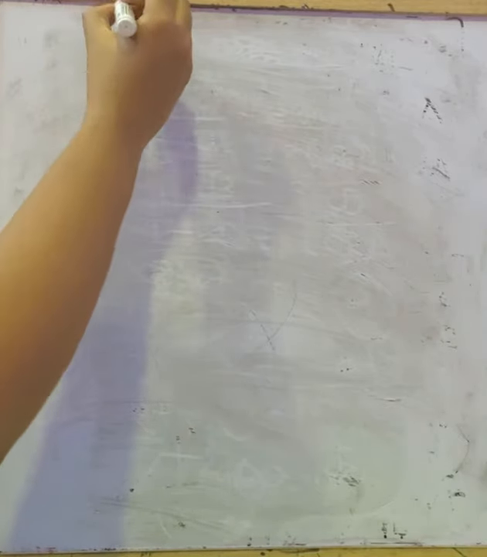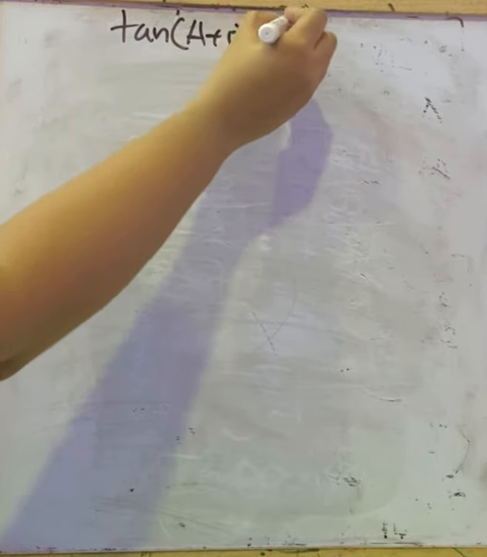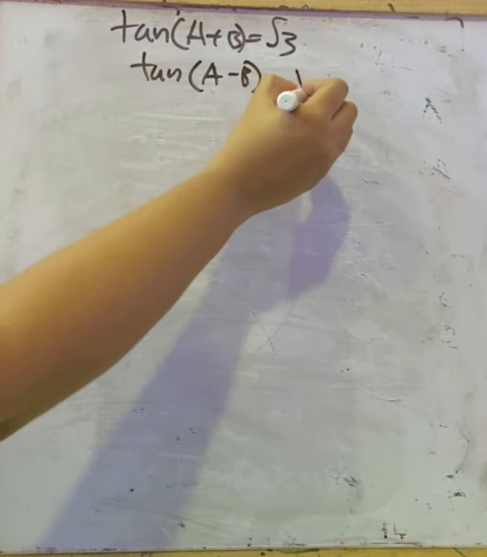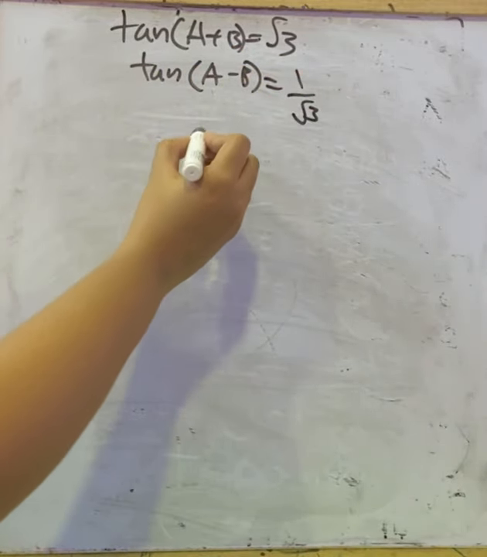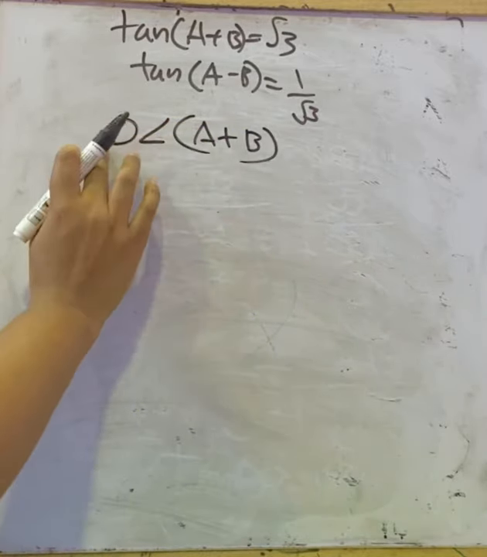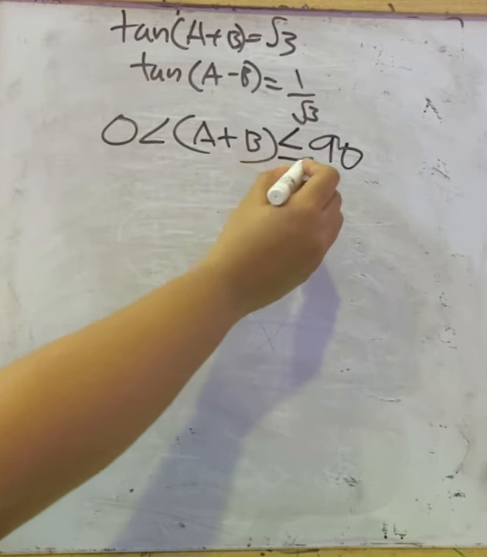Next question. If tan of A plus B is equal to root 3 and tan of A minus B is equal to 1 by root 3. Also, A plus B lies between the values 0 and 90, here we have less than or equal to 90.